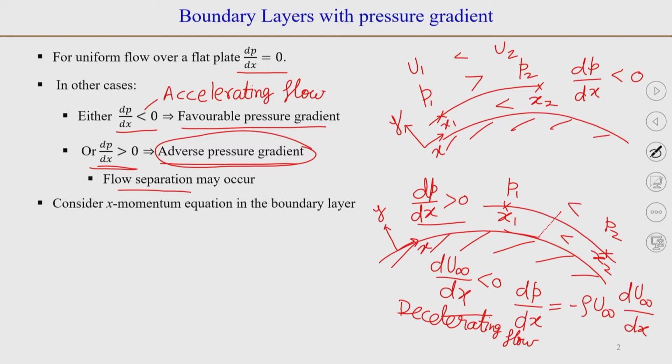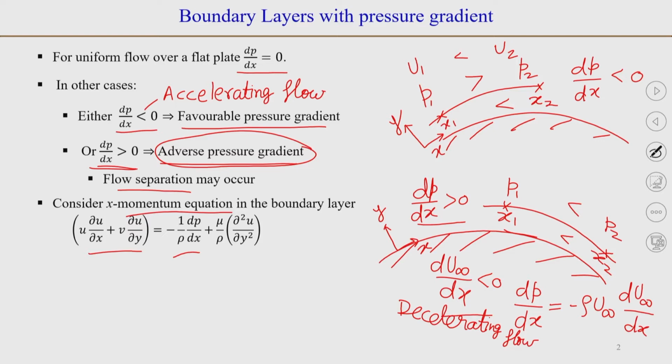So, to understand this further, we will write down the x momentum equation, the boundary layer differential equation that we wrote. We will write the two inertial terms for steady flow and the pressure term. You might notice here we have dP/dx, because in the boundary layer dP/dy can be approximated to be 0, or neglected.